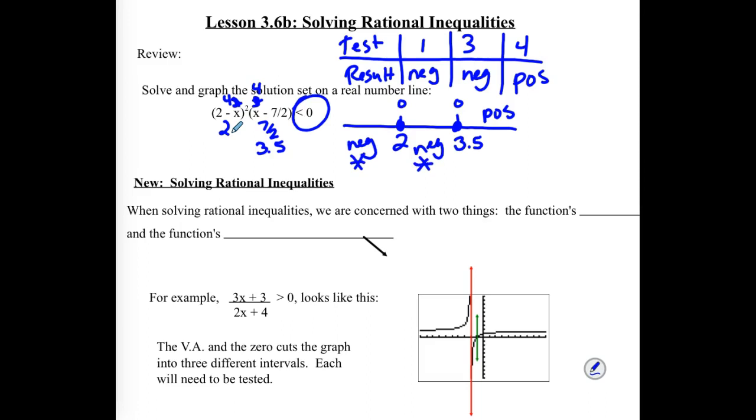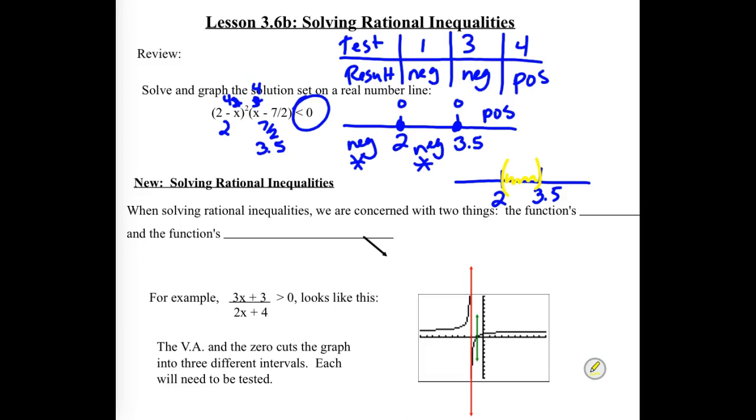Can we be at 2? What happens when we put a 2 in? We're at 0. Can we equal 0? No. So when we look at this, our solution is going to be between the 2 and the 3.5. We want that part of it.